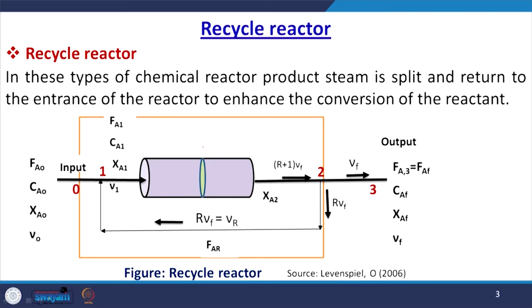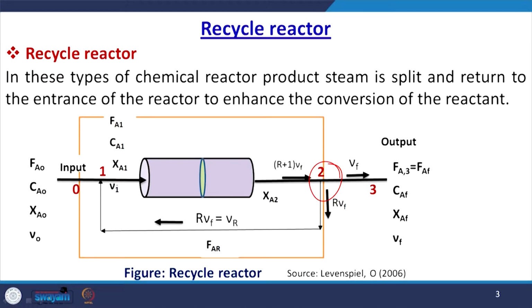Now, sometimes because of the requirement of space, and because of other limitations, we may have reactors which are not of the required size. In that case, certain reactant streams which enter a particular reactor may remain unreacted.